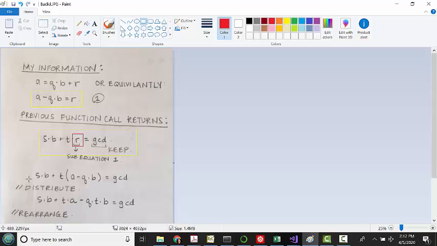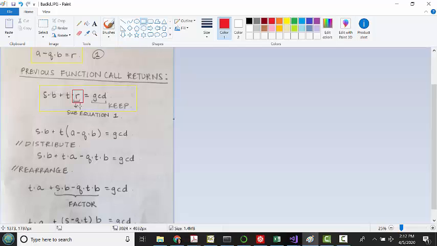So what I've shown in the very next line of arithmetic here is what happens when I symbolically put parentheses around a minus qb and change out the r for that value. The very next thing that I want to do is, whenever I have one thing out here in a big set of parentheses mathematically, I want to distribute that t element to both pieces of the parentheses, and I get this three-termed equation right here.